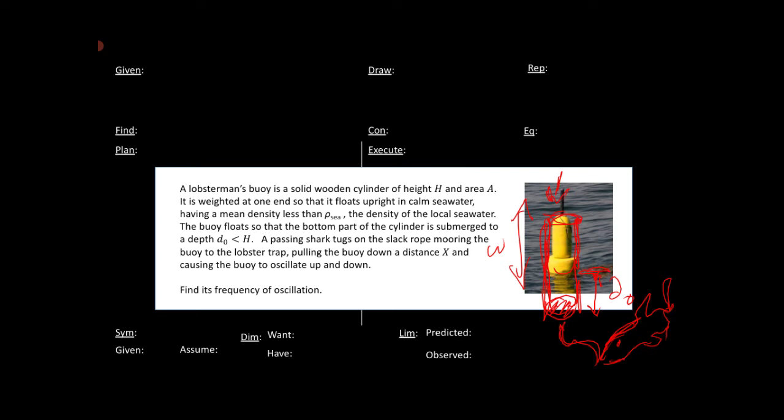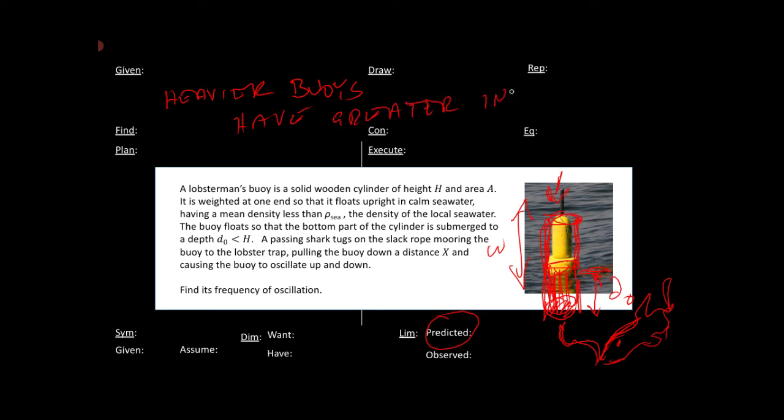we should think about this. What do we expect to happen with something like this? In general, with something like this, we always want to predict right away, and we'd say something like heavier buoys have greater inertia. That's what heavier means, right?